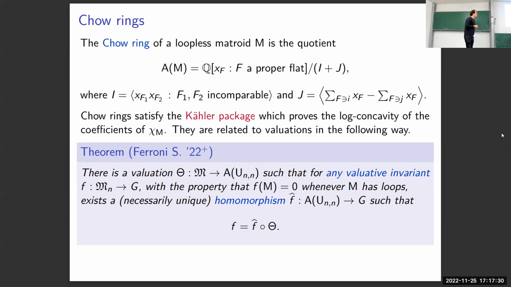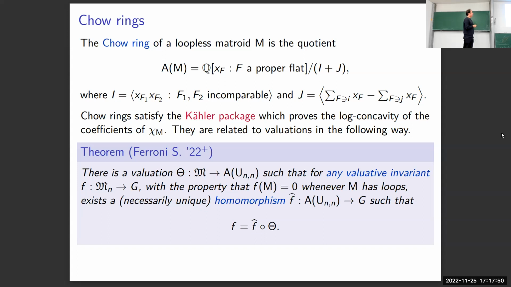So given a matroid, I can construct the Chow ring of the matroid. This is an honest Chow ring if the matroid is realizable, but otherwise it's not. Here's the definition. For every flat, I introduce a variable, and then I have to quotient out two ideals.